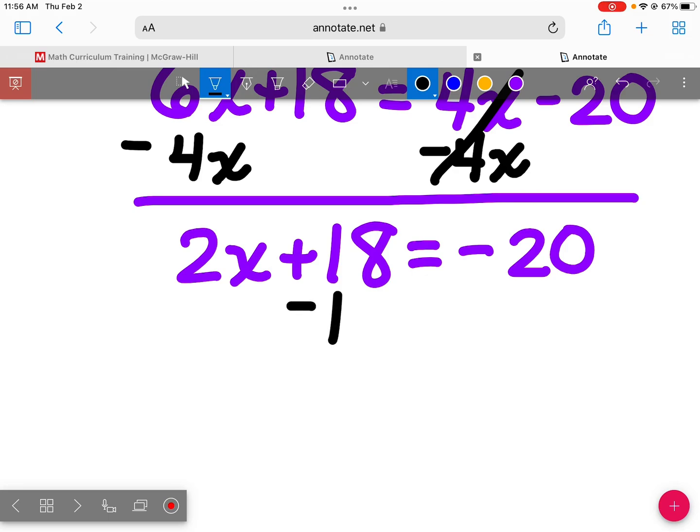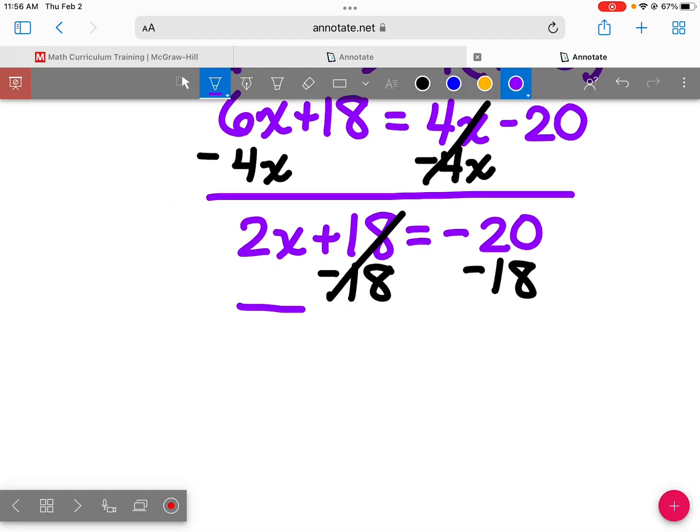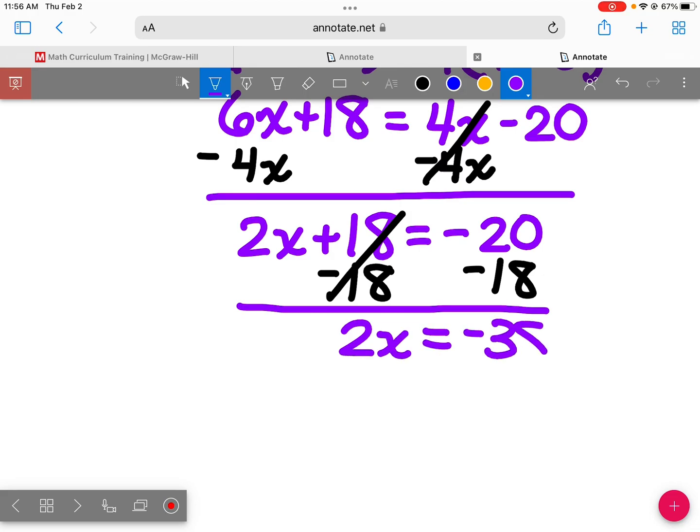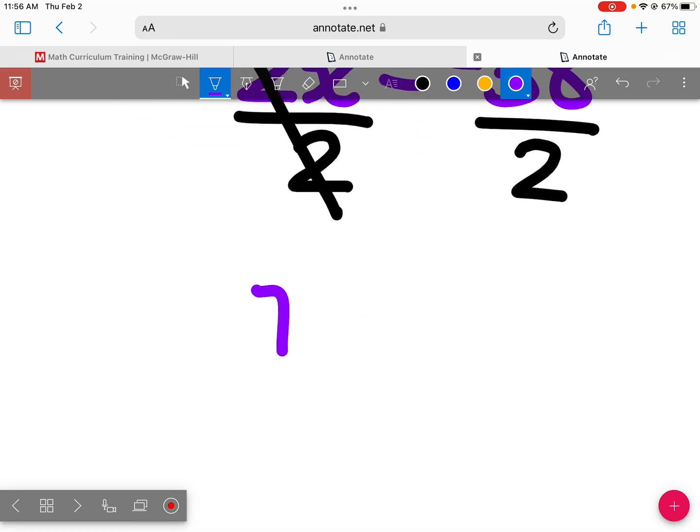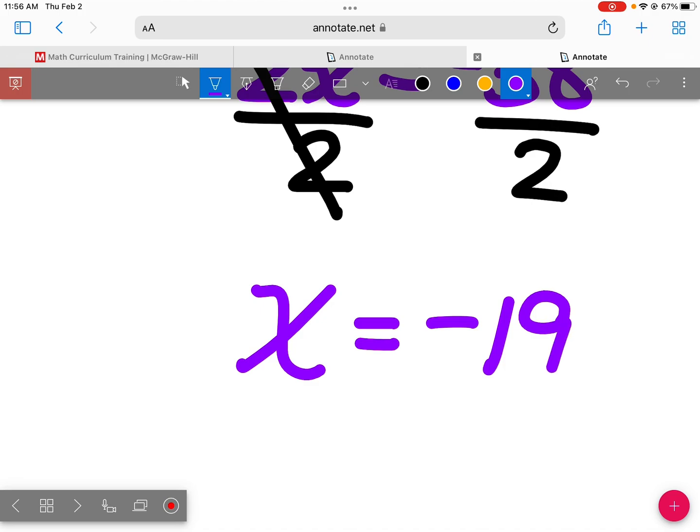We're going to minus 18 on both sides. What is negative 20 minus 18? Negative 38. Is x alone yet? What do I still need to do? We're almost there. Divide both sides by 2. And so x is negative 19. Beautiful.